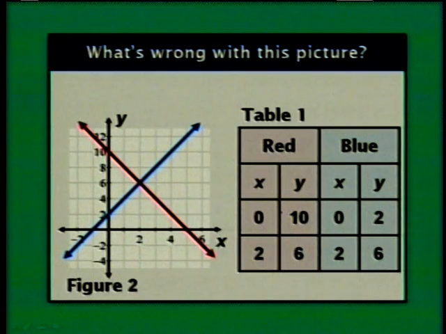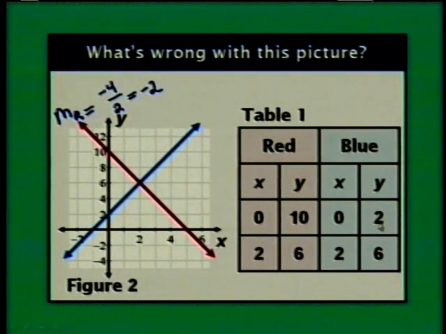Looking at the points I have in the red columns, from 0 to 2, that's a run of 2. From 10 to 6, that's a rise of -4. Y is decreasing by 4. So the slope of the red line is -4 over +2, which simplifies to -2. How about the blue line?